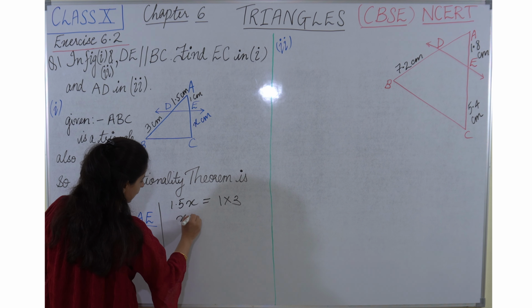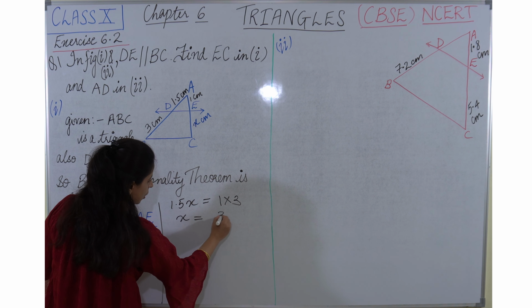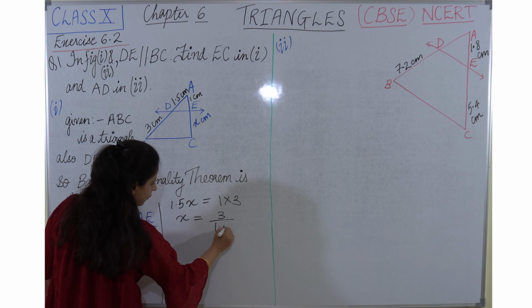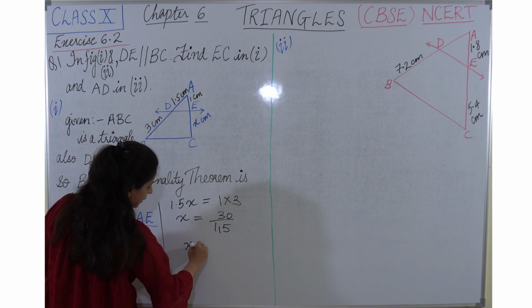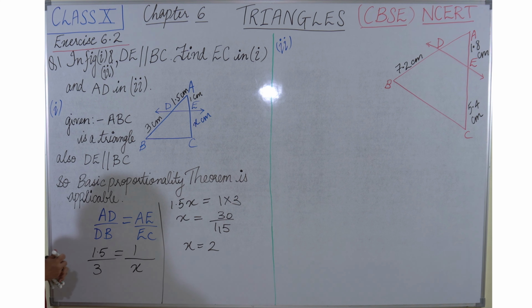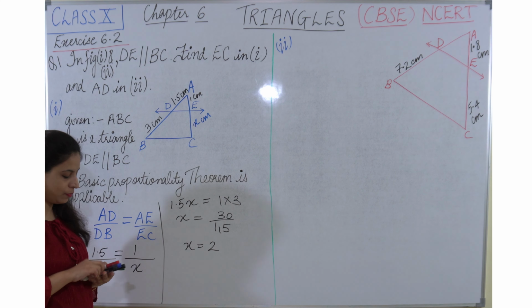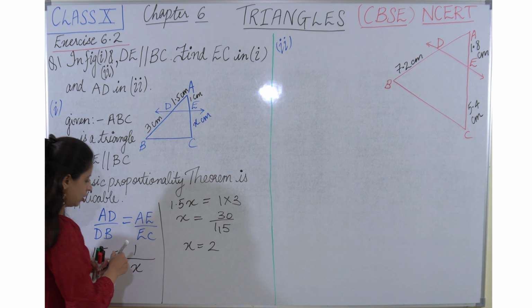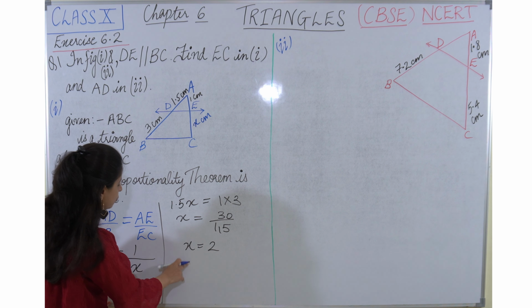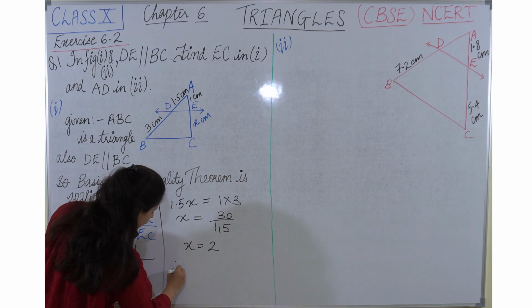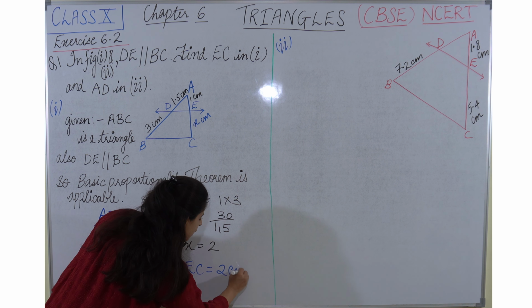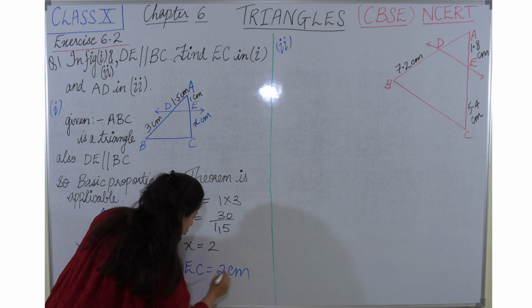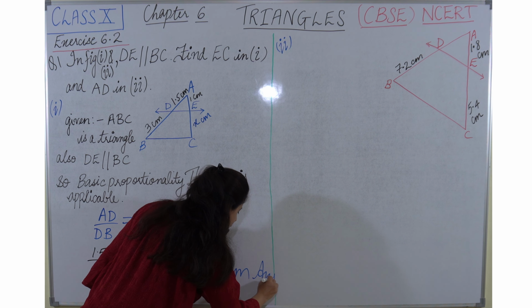Therefore x will be equal to 3 upon 1.5, so x comes out to be 2. So the value of x comes out to be 2 centimeter, and the x we have assumed to be EC. Therefore EC is equal to 2 centimeter. So this is our answer.